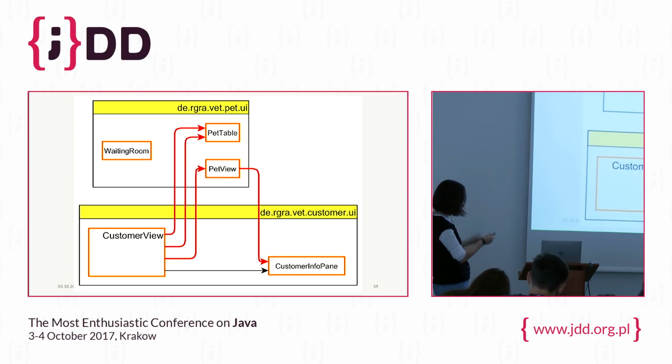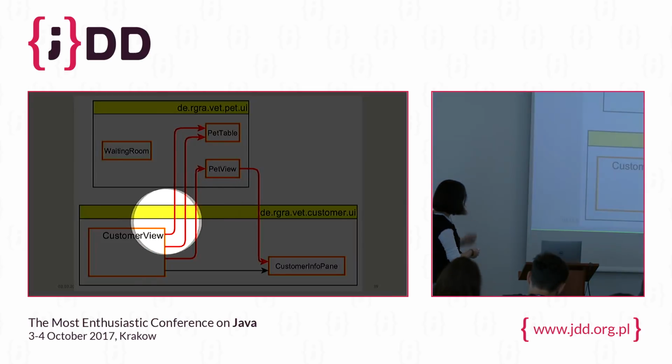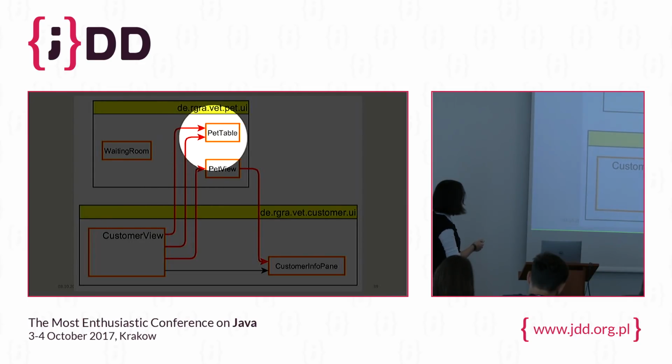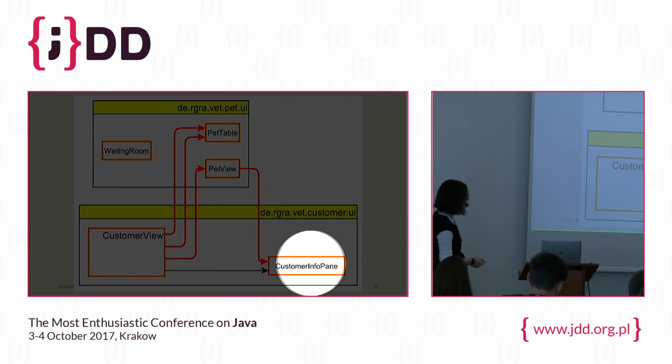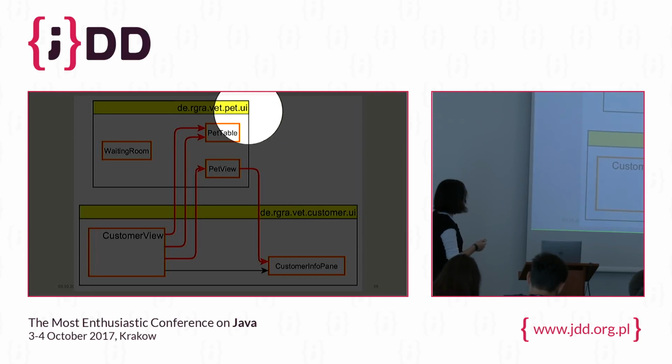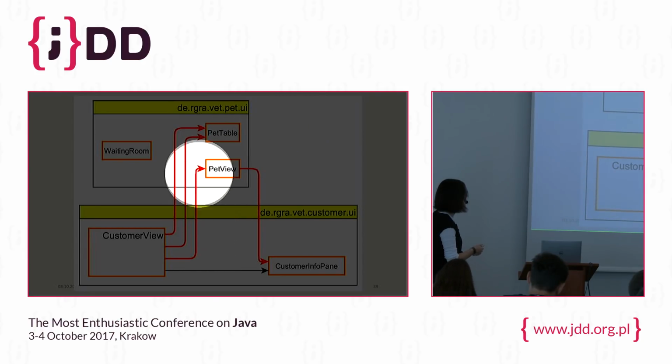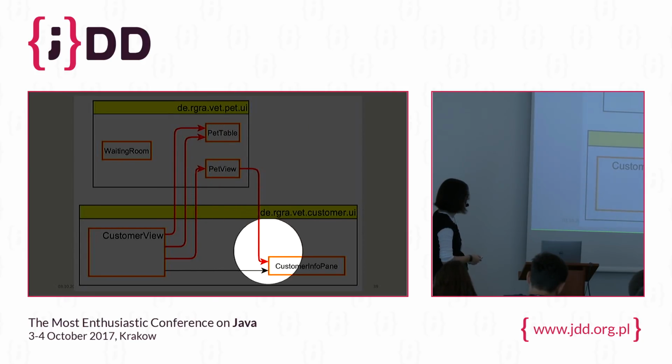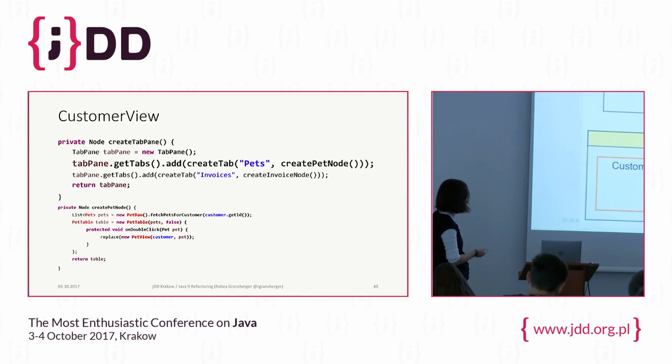So we have a dependency from the customer view directly to the pet table, and from the pet view directly to the customer info pane, so inside of the pet we can show the customer information. So this is our one module over here, it's the UI module, and this is our pet module over here. So we can't have this cyclic dependency anymore. So we have to think about something to actually resolve it.